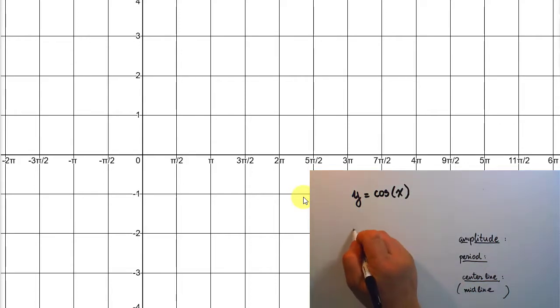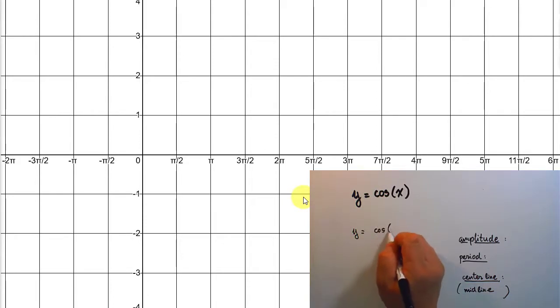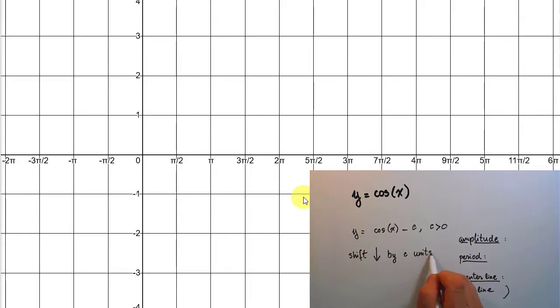And then it's easy to understand that when our function is cosine of x minus a positive constant c, assuming c is a positive constant, then it's going to shift the graph vertically downward by c units.